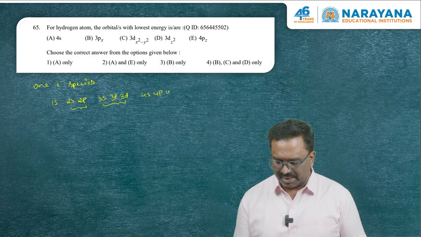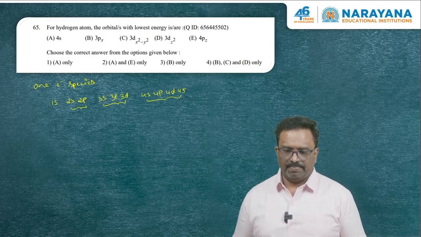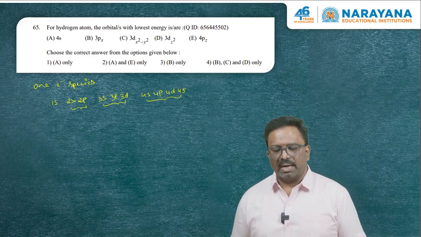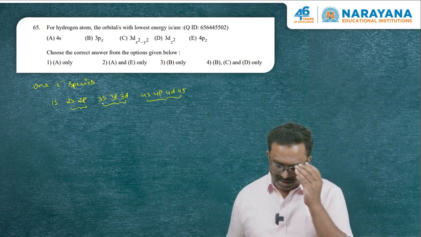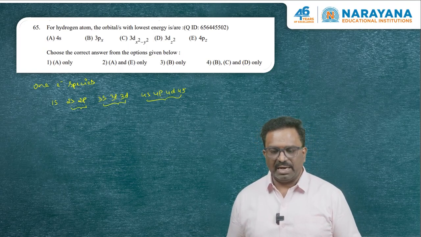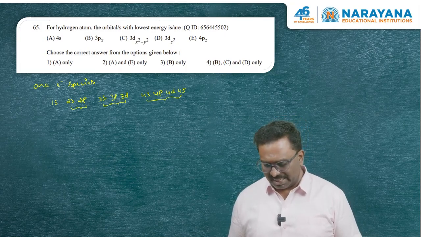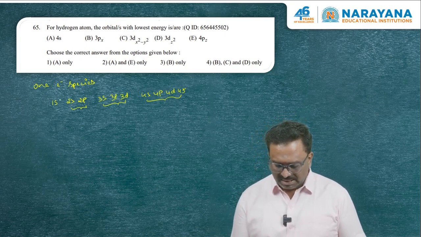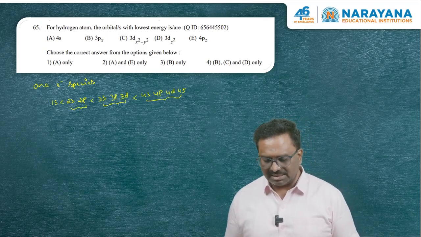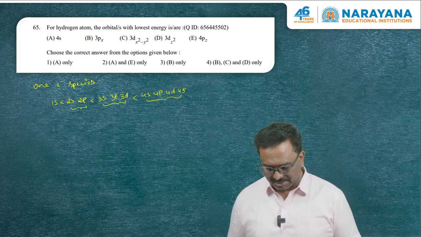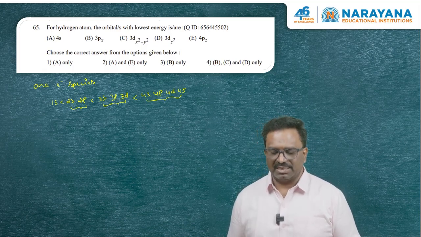Now in that respect, we can identify the energy of 2s and 2p are equal, the energy of 3s, 3p, 3d are equal, and 4s, 4p, 4d and 4f are equal in energy. Here you can identify the energies gradually increase with the orbit number, that is for uni-electronic species.